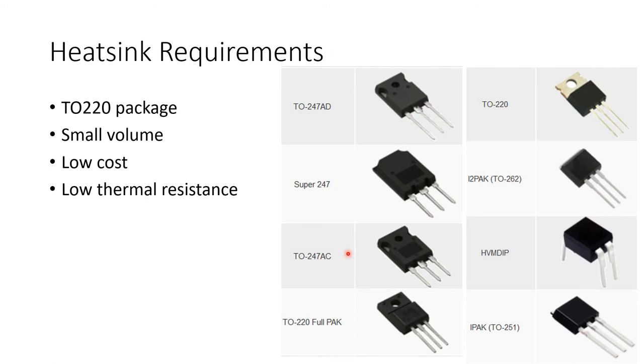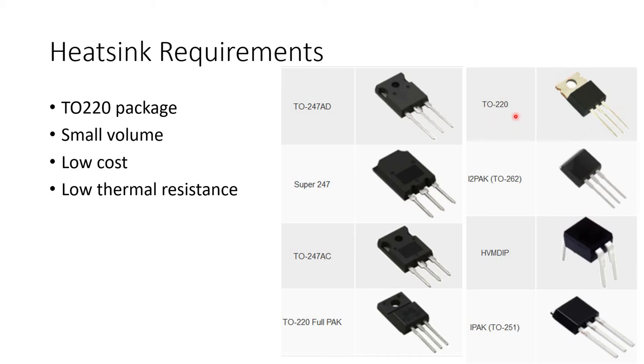The next parameter that we are going to choose is heatsink to ambient thermal resistance. Actually, this resistance depends upon the heatsink. As I said, we are using a TO220 package of MOSFET, which is shown in the figure here.